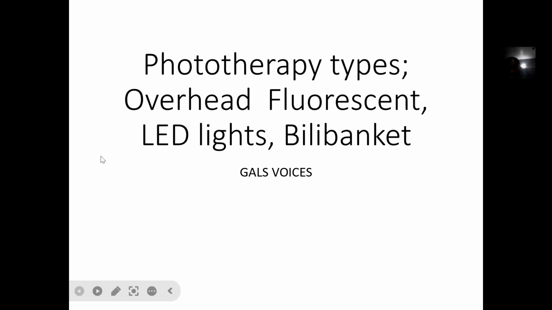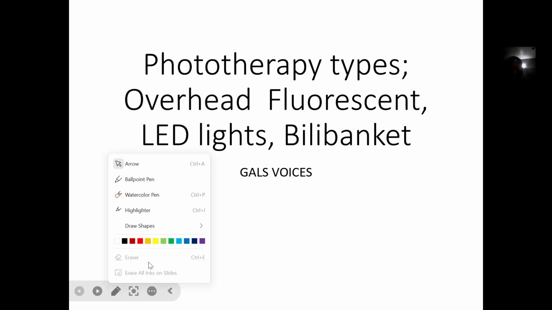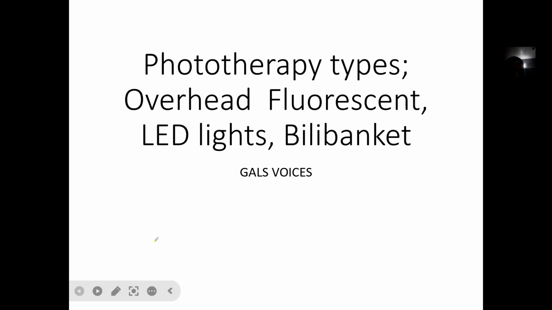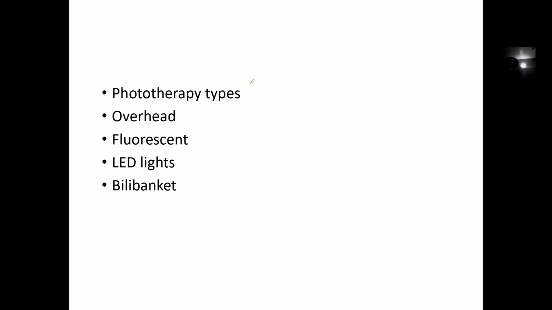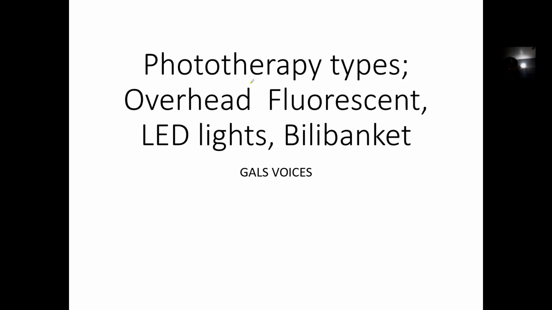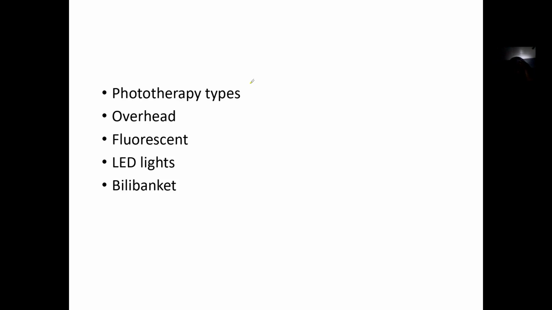Now I want to spend some time and talk about phototherapy types. For the phototherapy types, we have the overhead fluorescent lights, we have the LED lights, we have the Biliblanket.